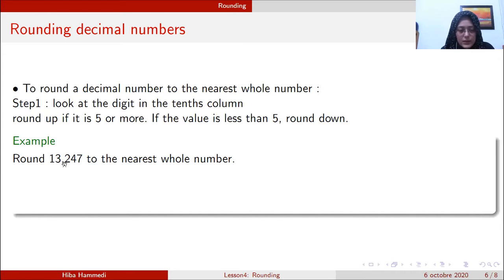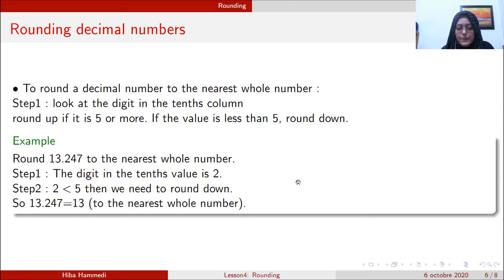So the first decimal place is 2 here. And 2 is less than 5, so I need to round down the number. And rounding it down, it means I just ignore all the numbers after the decimal dot and just take the number that I'm looking for. So it's 13, right? So I ignored all the extra value after the decimal dot and I just took the whole number.